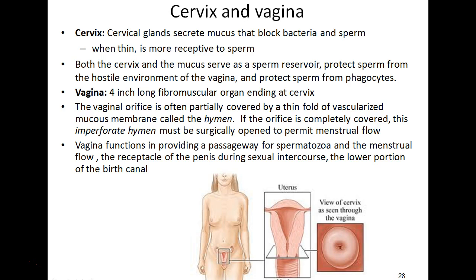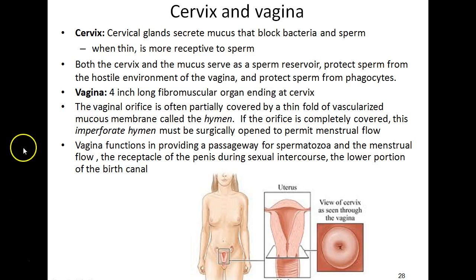However, it's more common that there's a partial covering of this structure. History might show us that sometimes this is a structure that gets inspected, again, visually for certain features. It's noteworthy that the hymen can be easily ruptured through vigorous exercise and activity, and is not always a good view that sexual intercourse has happened or not.